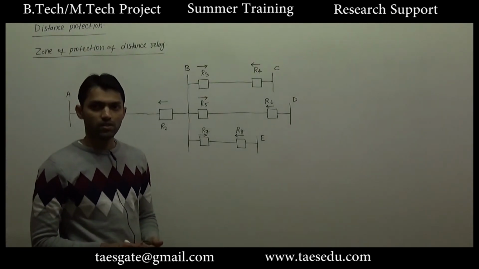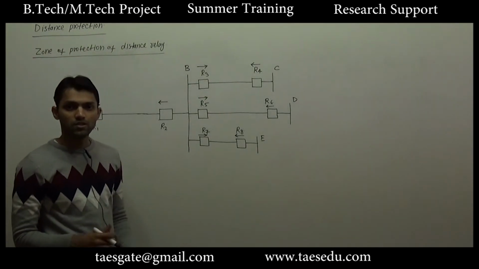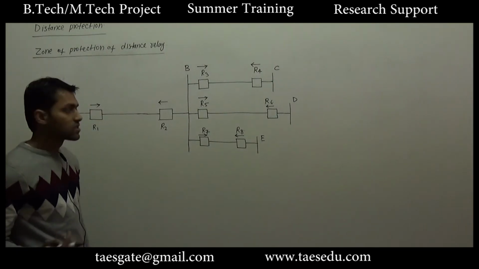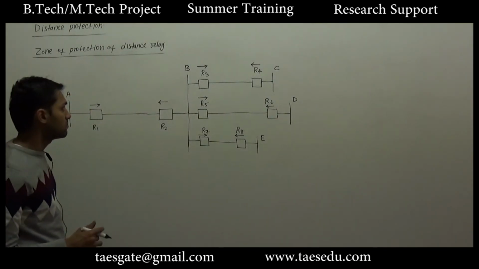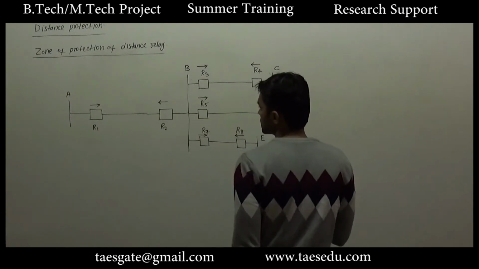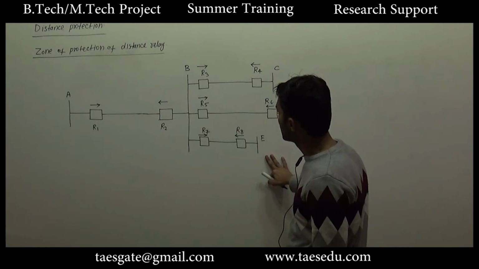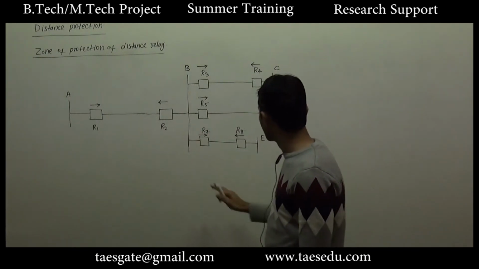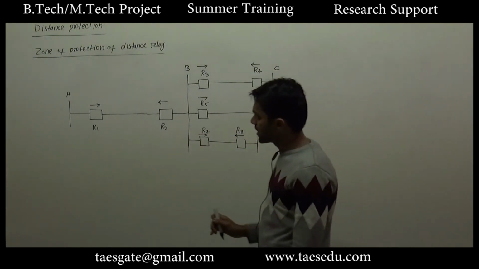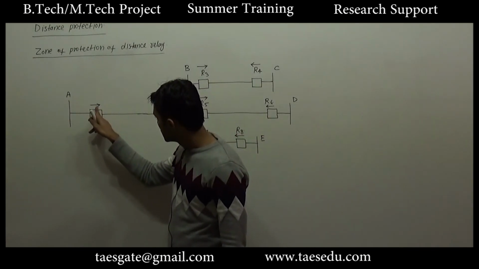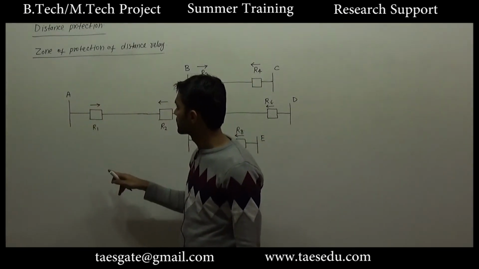In a power system, a relay is provided with multiple zones of protection. To understand it, let us consider a power system. In this power system, we have buses A, B, C, D and E, and we have relays R1 to R8. Since I have indicated a direction, it means these relays are directional relays.